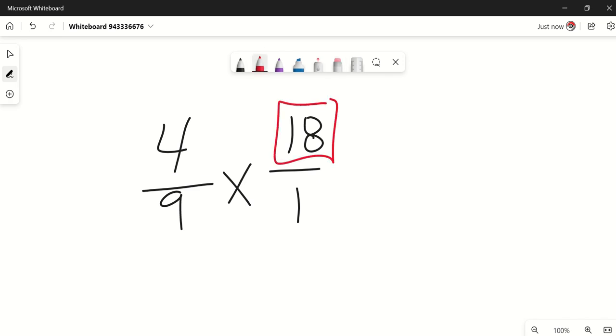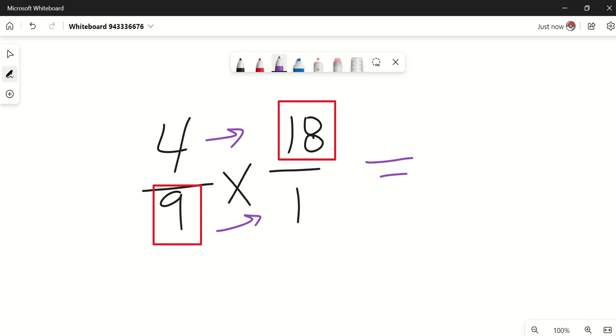However, this 18 and this 9 do have common factors. This is where it becomes really helpful to cross simplify, because otherwise I would need to multiply straight across, and 18 times 4 is going to be a lot more work than just doing 4 times 2, because if I divide 18 by 9 that would become 2.